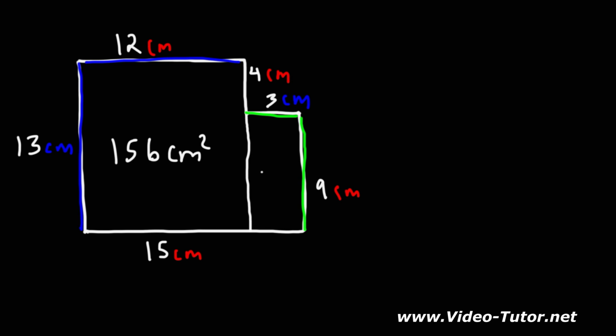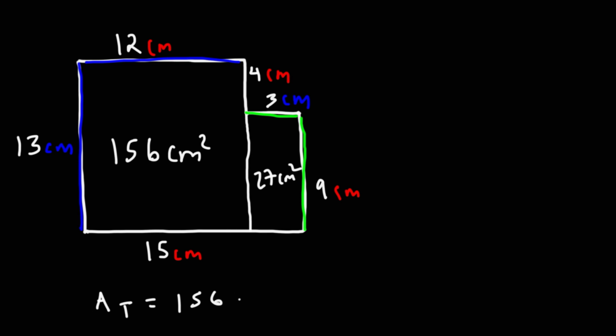So 3 times 9, that's going to be 27 square centimeters. So the total area is going to be 156 square centimeters plus 27 square centimeters, which will give us a total of 183 square centimeters.